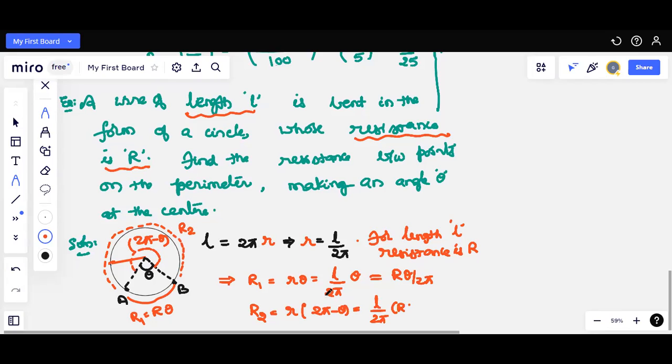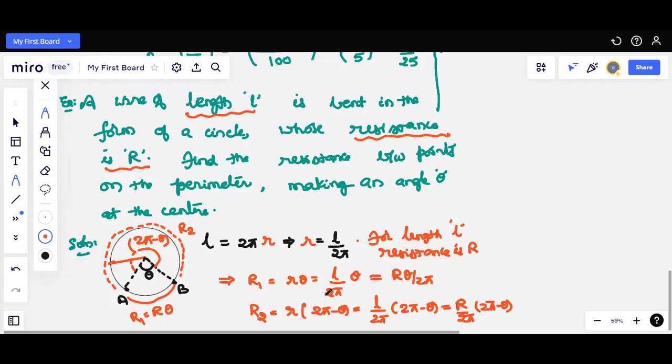Sorry. L into 2 pi minus theta. For L length the resistance is capital R, therefore R by 2 pi into 2 pi minus theta.